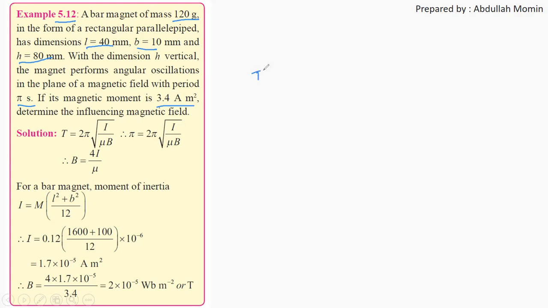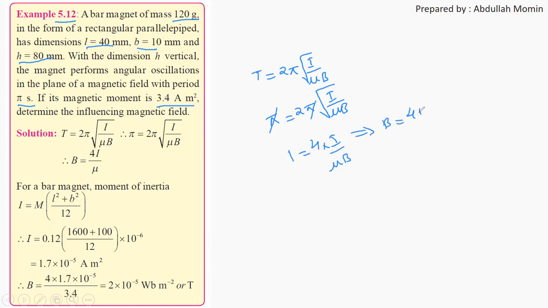We know that the time period of a bar magnet oscillating in an external magnetic field is T equal to 2 pi root I by mu B, where I is the moment of inertia. So this pi and this pi will get cancelled. Squaring on both sides, we will get 1 is equal to 4 into I by mu B, or B can be written as 4I upon mu.